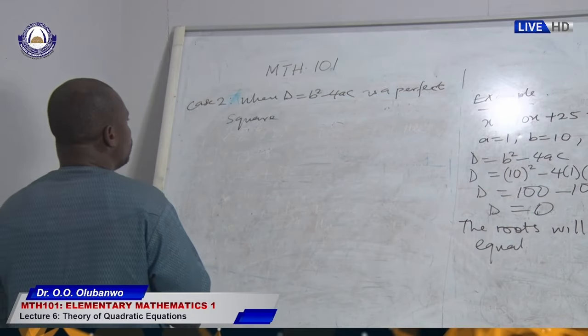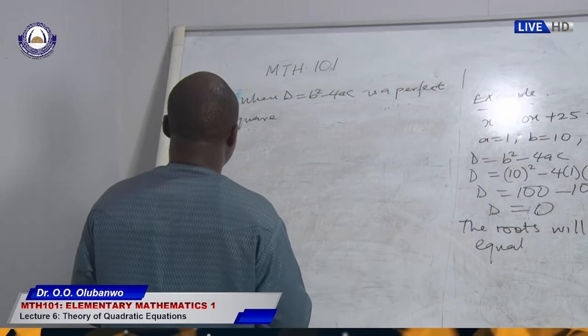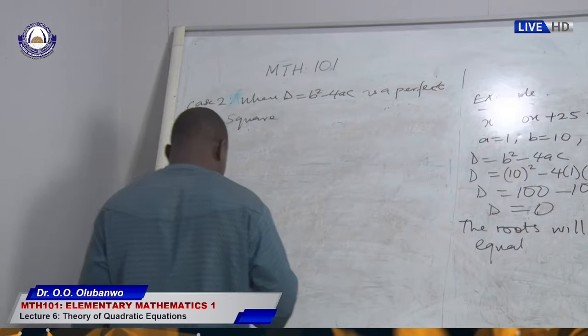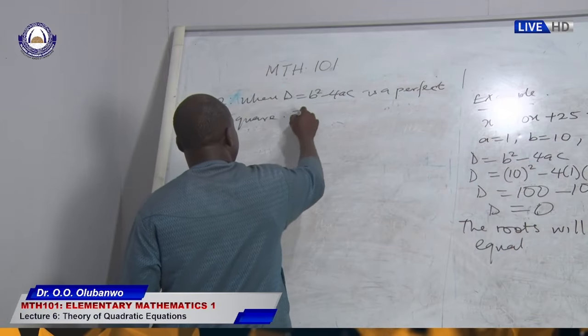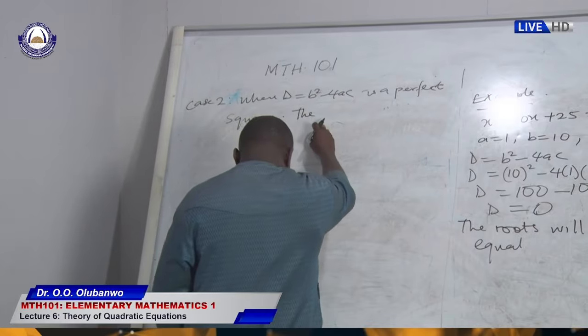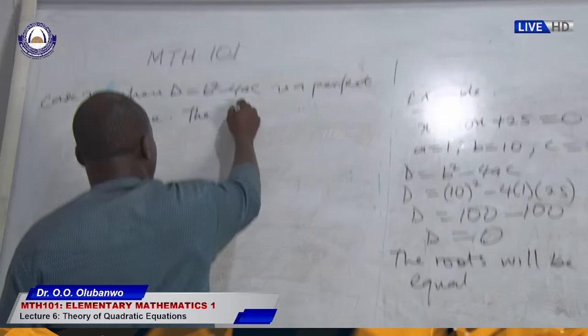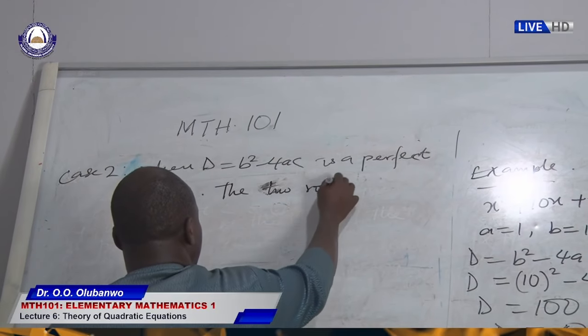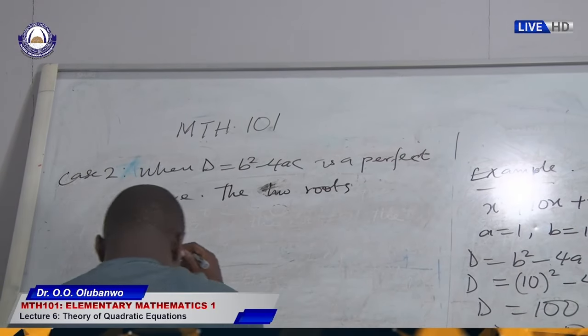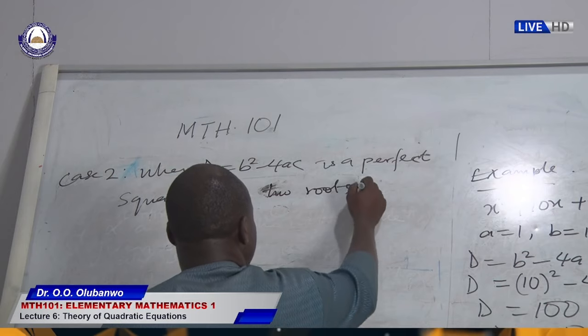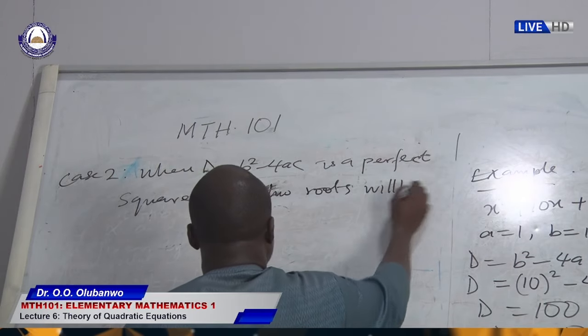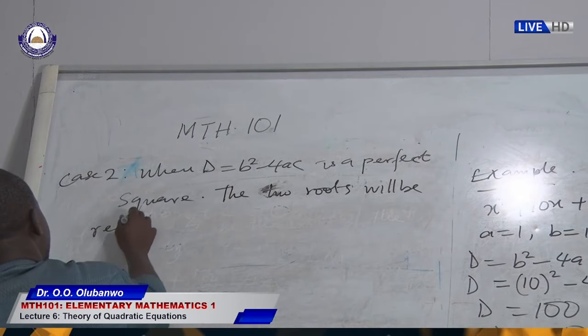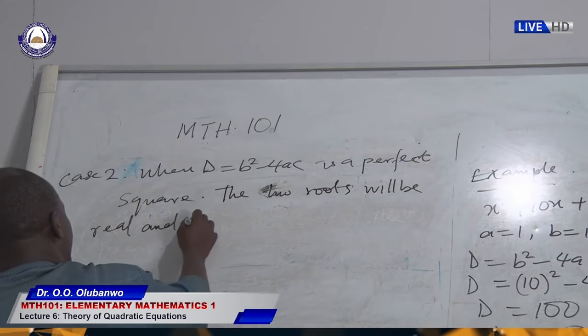When D equals b squared minus 4ac is a perfect square, then the two roots will be real and unequal.